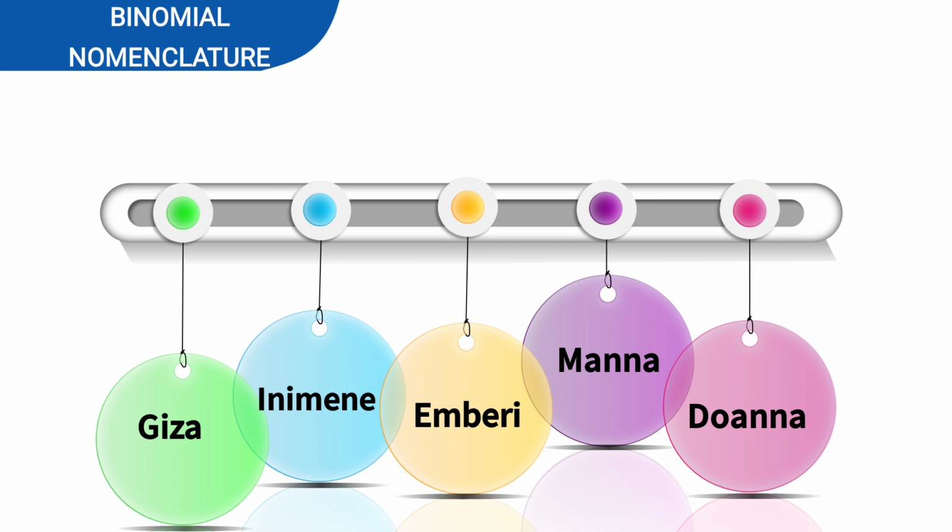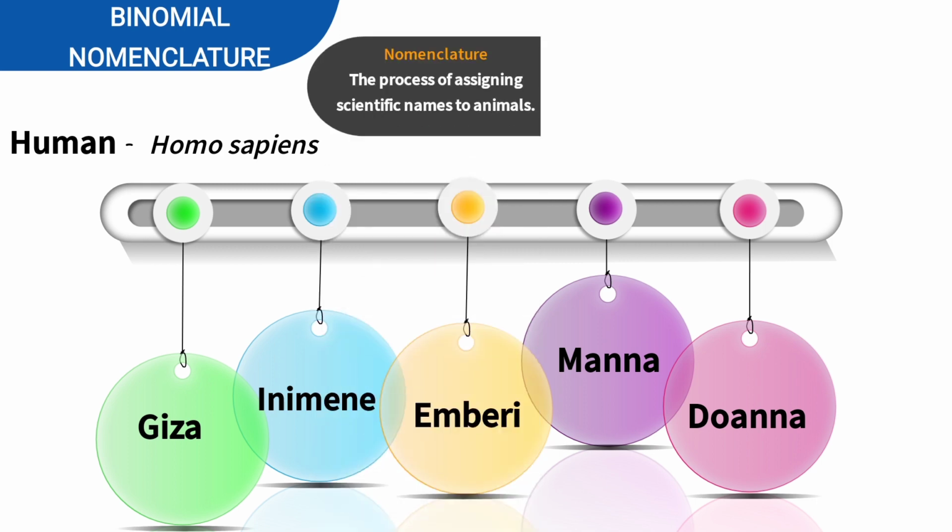In order to avoid that confusion, they have given this system called nomenclature. The biological name for the human is Homo sapiens. Homo is the genus name, and sapiens is the species name. This is known as nomenclature, the science or the process of assigning the scientific name to animals.